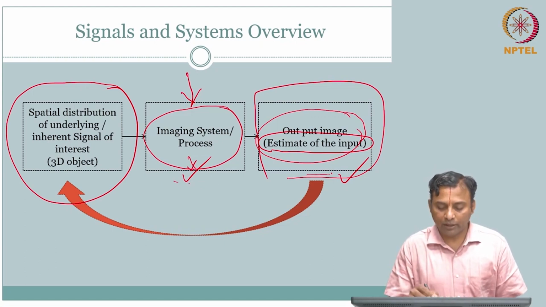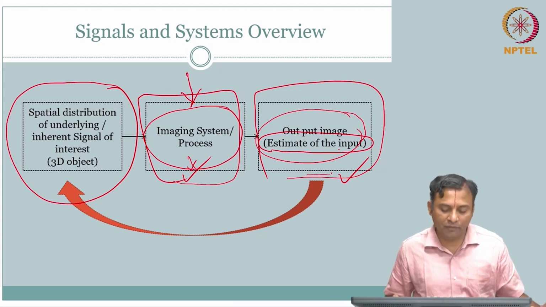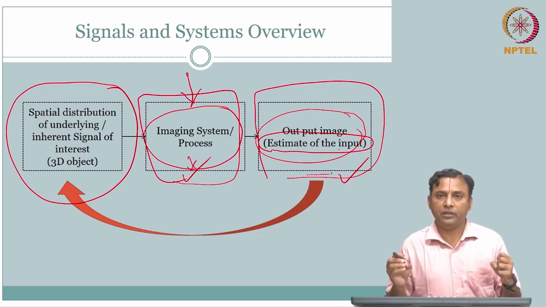The objective of our imaging system is to faithfully get an estimate corresponding to the underlying ground truth. This is the big picture.